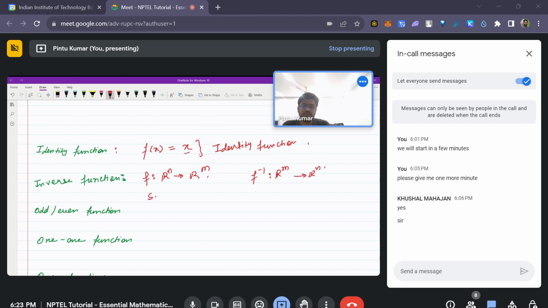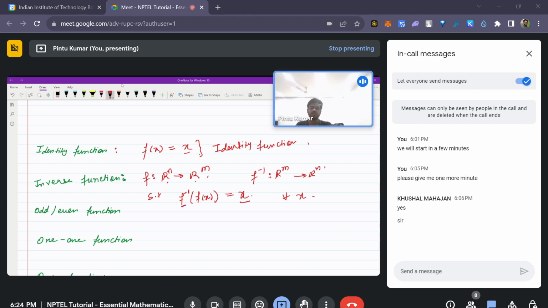Such that, let me write it another way, f inverse of f of x is equal to x. So if you take the map from Rn to Rm and then you again take the inverse, then you should get back the same element, and this is true for all x.